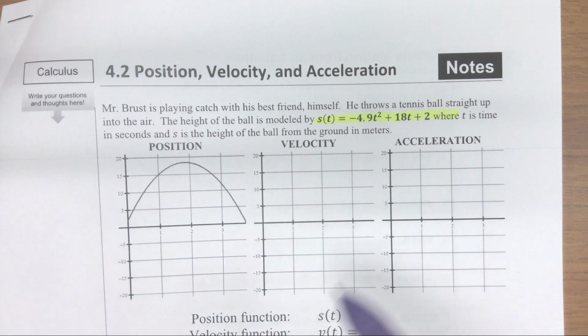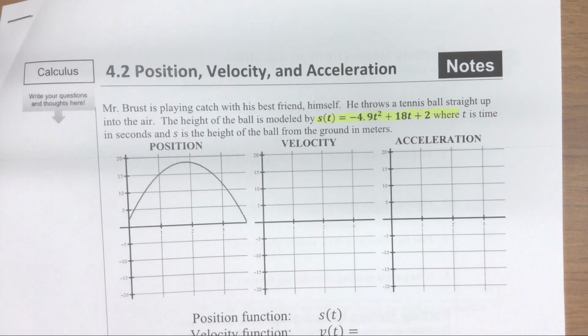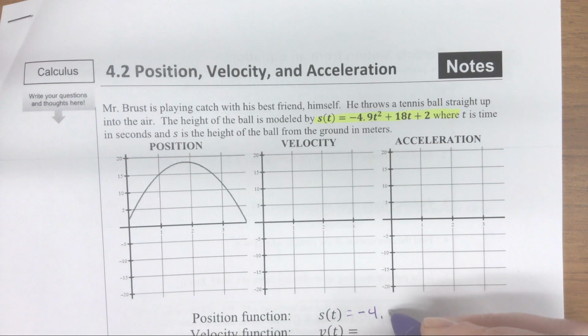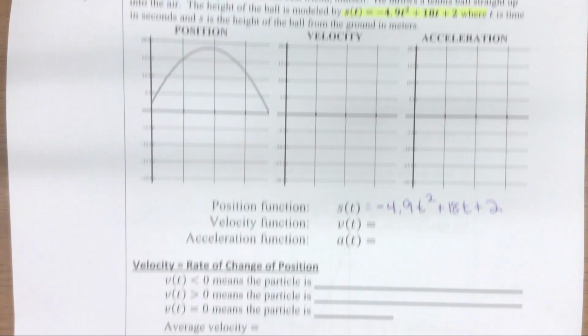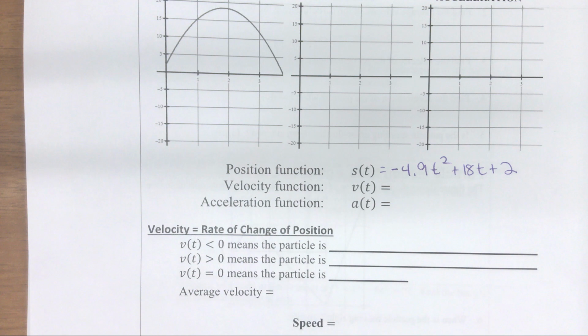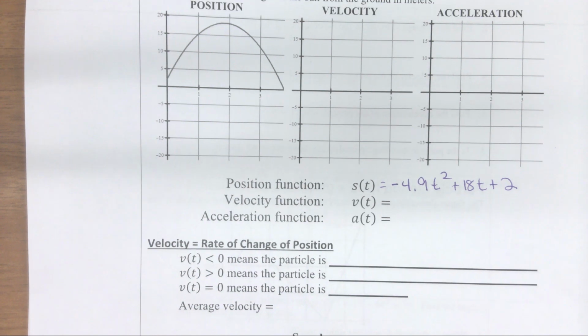So the position function is equal to negative 4.9t squared plus 18t plus 2. Okay, so I want to start by making connections.